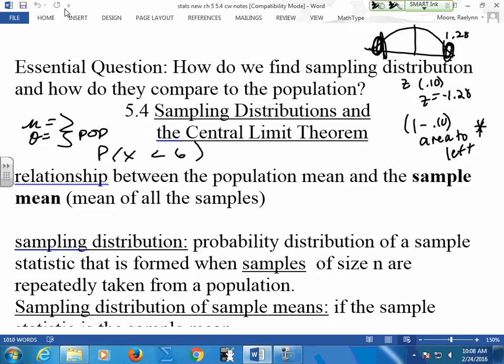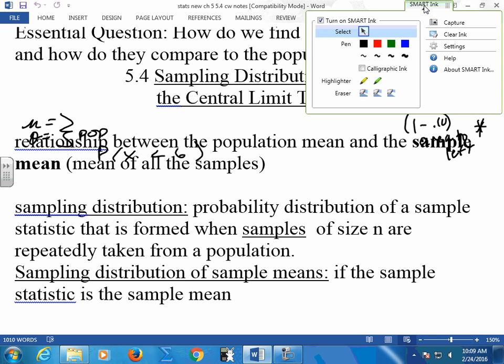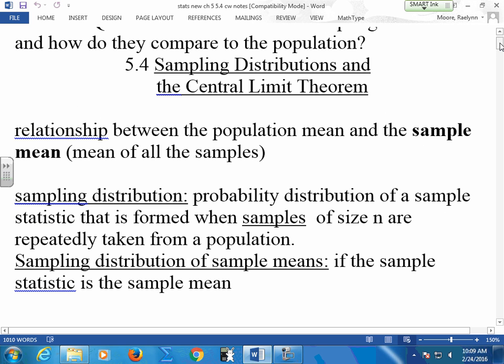And from all those different samples, you're going to pull a sample mean. Now we're going to see some things happen and some things change. As we look at this, we're going to find your sampling distribution is formed from all these groups of samples with the same sample size.